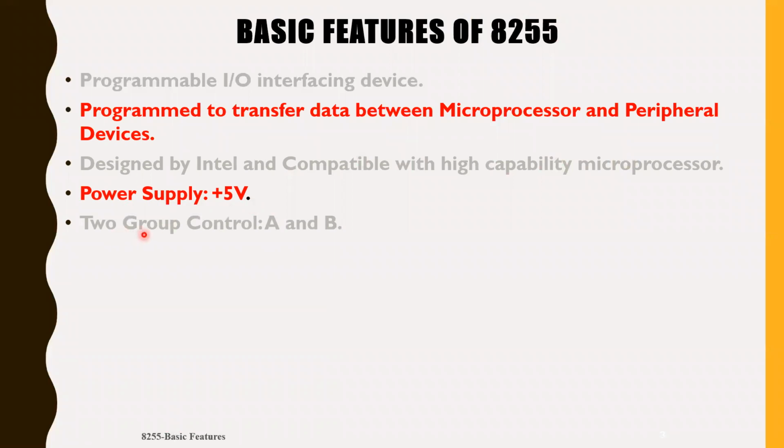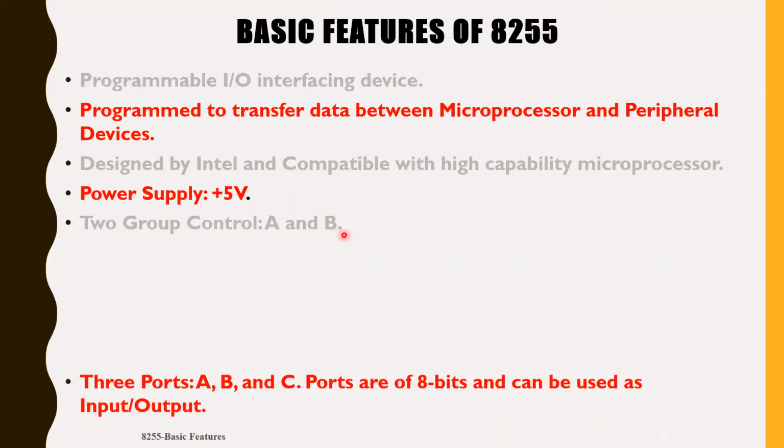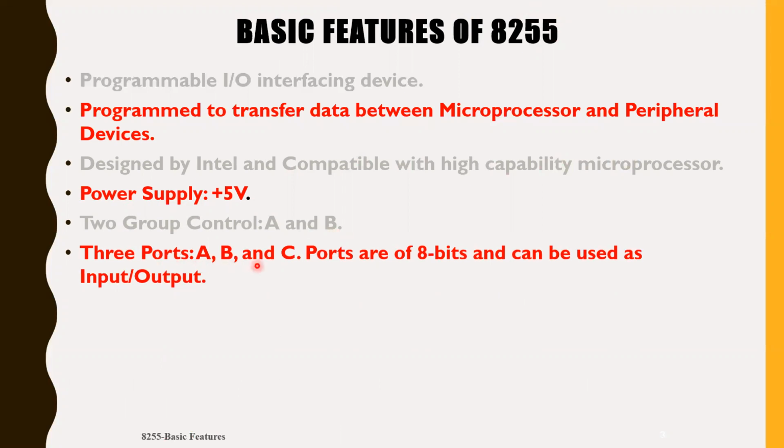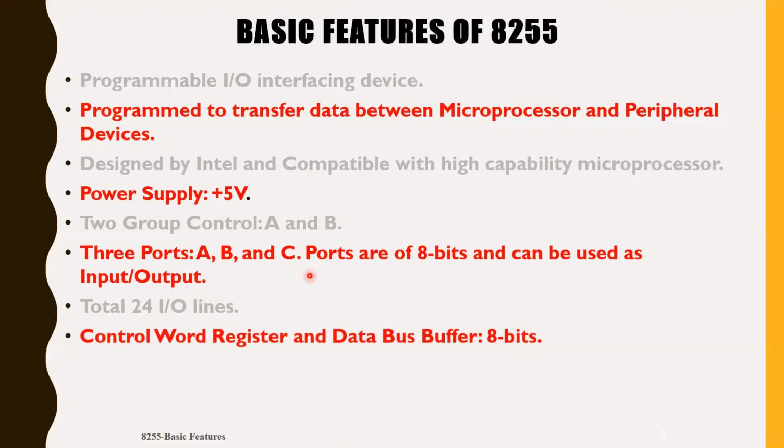It has two group controls, group A and group B, and three ports A, B, C. Each port is of 8 bit and each port can behave as an input or output port. Therefore, the total number of I/O lines in 8255 is 24.